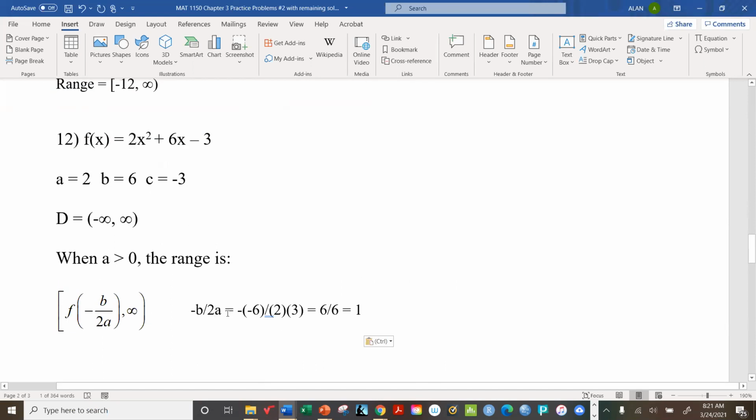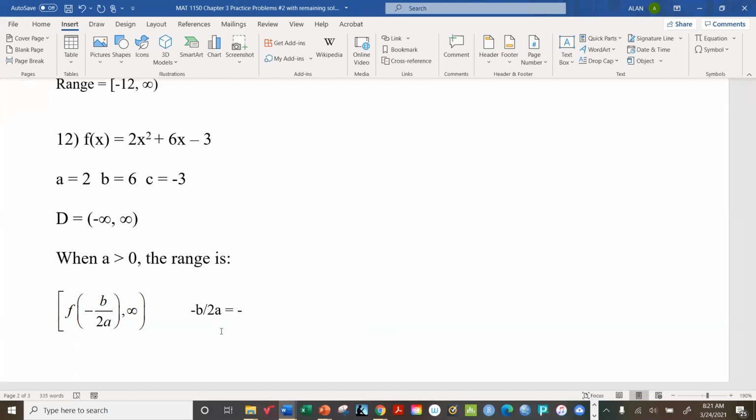Let's plug it in. Negative b over 2a is negative 6 over 2 times 2, which is, of course, negative 6/4, or we may as well reduce it to negative 3/2. And now we need to solve for f of negative 3/2.